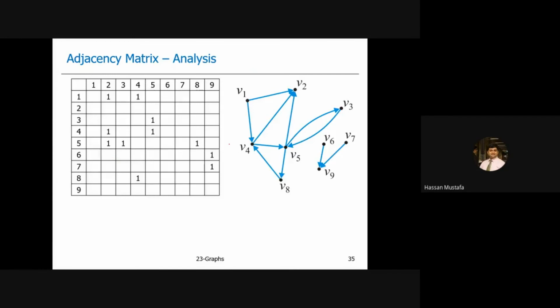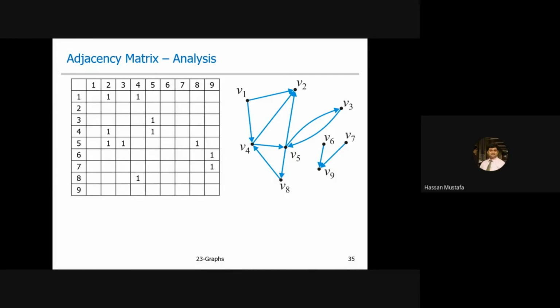Now let's analyze this adjacency matrix. The first thing here is that representing this specific unweighted directed graph in this matrix, if I count 1, 2, 3, 4, 5, 6, 7, 8, these are 11 total edges.